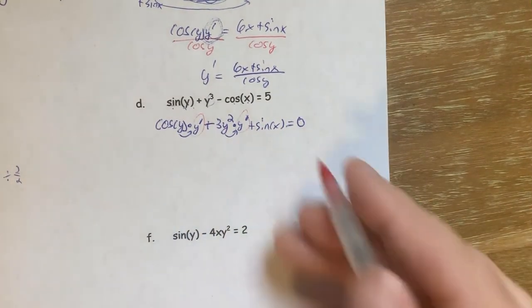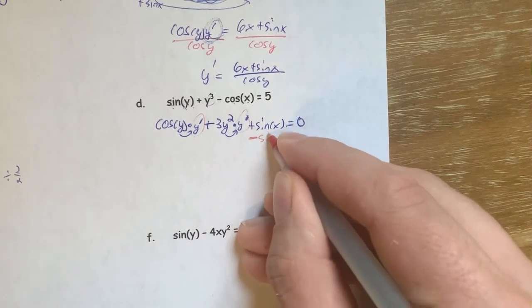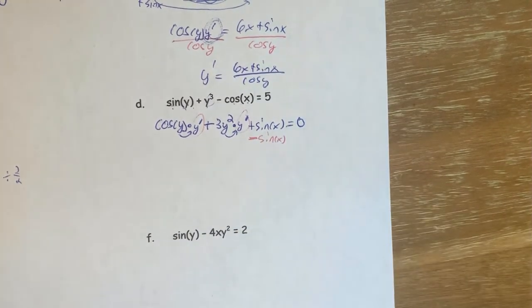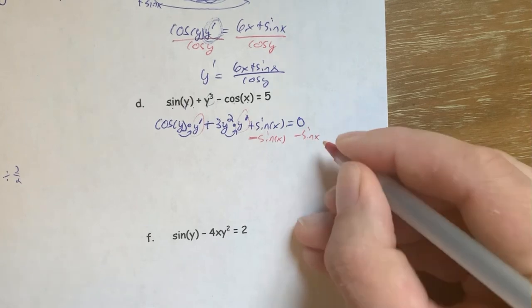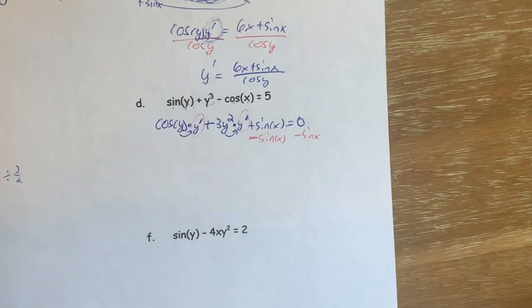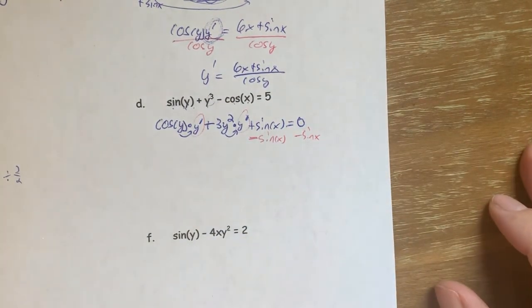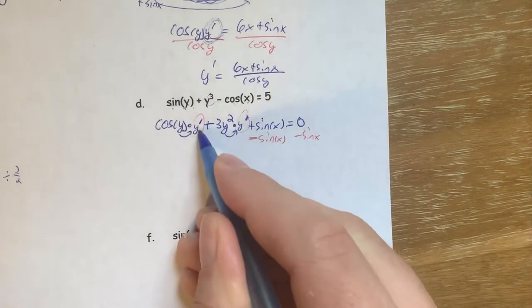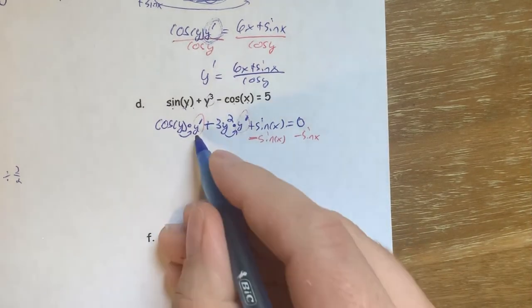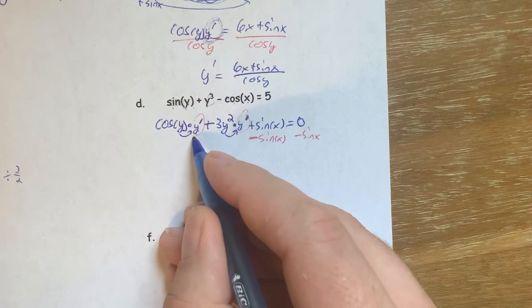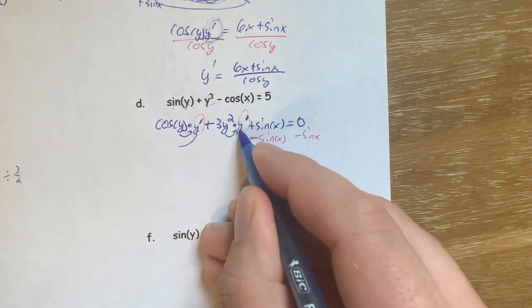And now what we should notice, the different thing here is there are 2 y primes. And so same as before, anything that doesn't have a y prime, we're going to move to the other side. So we're going to do minus sine of x on both sides. But the other thing there that we're going to do to be able to solve for y prime is if there's more than one of them, we just take all the terms that have y prime and factor out a y prime.